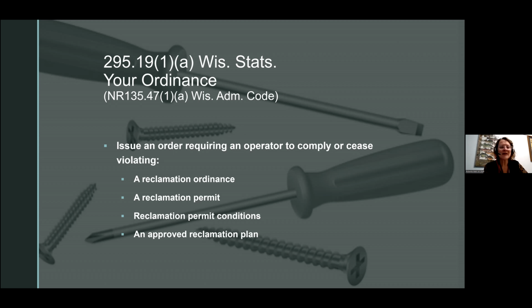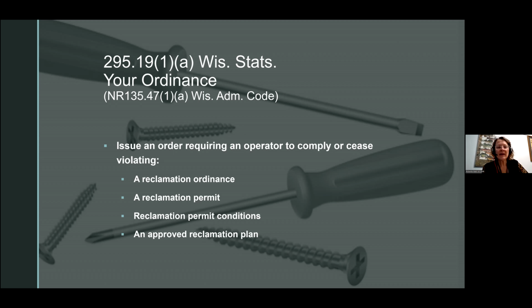What's the difference? Well, ordering an operator to comply assumes that they have all of their permits in place, the reclamation plans in place, and that they are just simply not meeting the standards or following the plan, so they are being ordered to comply.